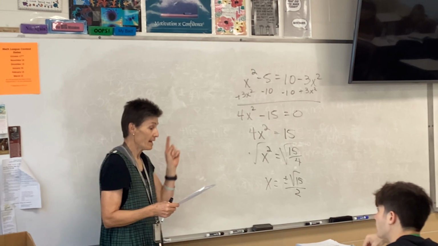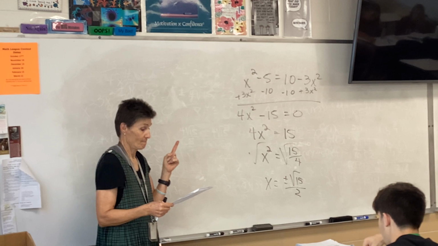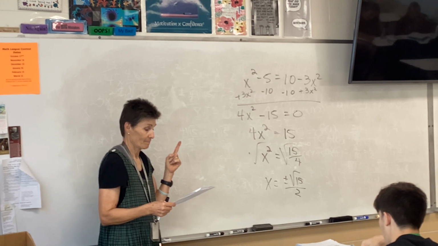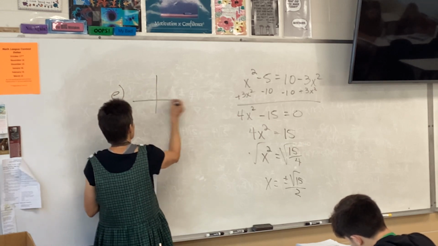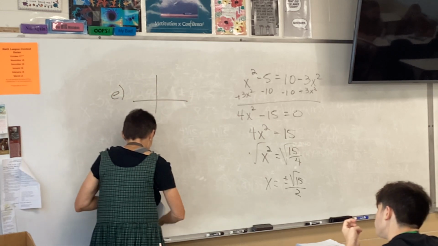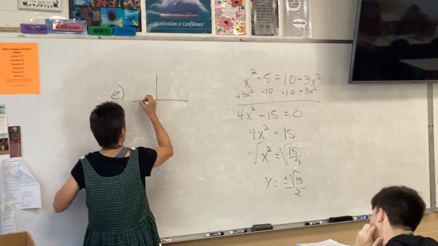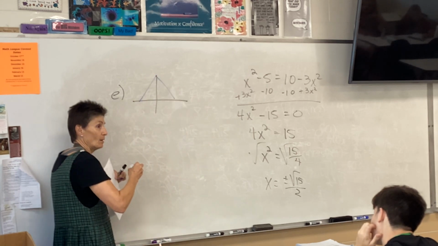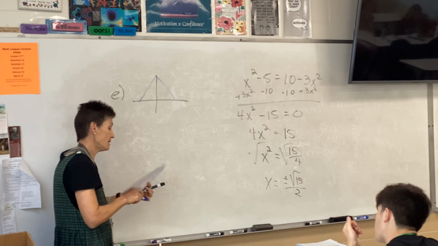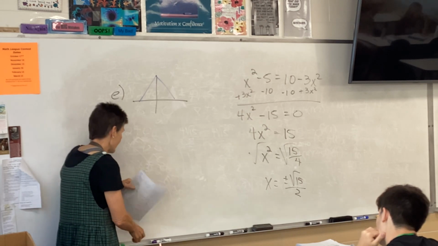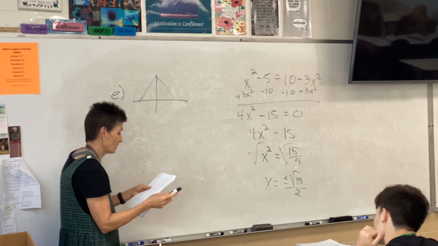A is a yes. E is a yes. It's kind of hard to tell on my picture, but this is the actual function. Just a T. Okay, that is a function. So A and C and E are functions.